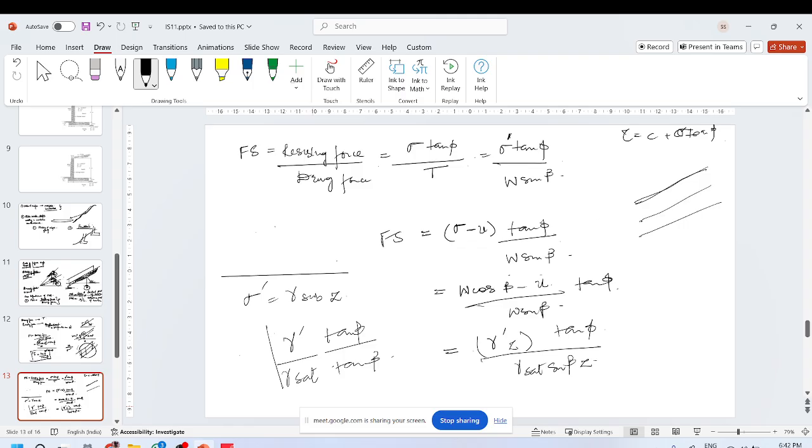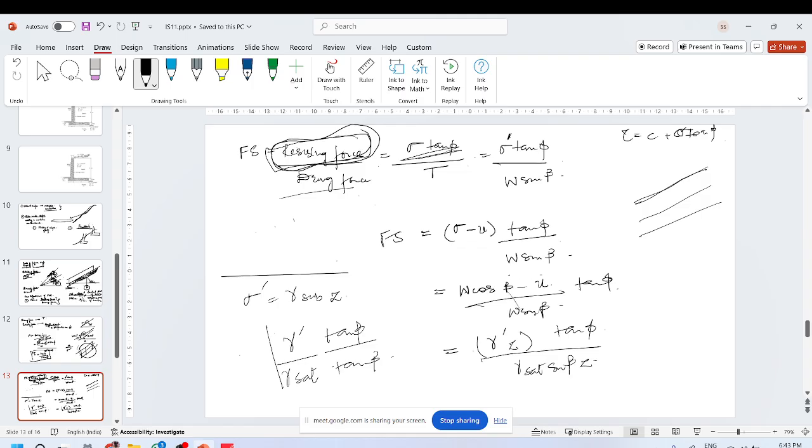Why? Because the resisting force will change, because you need to have the effective stress in the Mohr Coulomb formula. But the bottom force will take the whole of the weight. The bottom force is not based on the Mohr Coulomb formula. So you don't need to take the effective force.